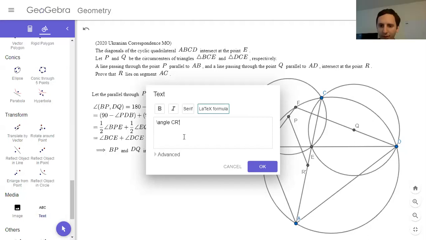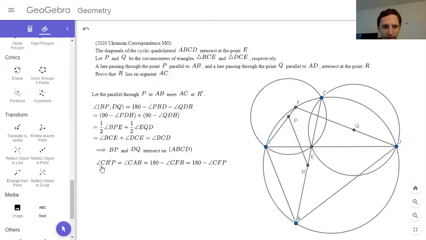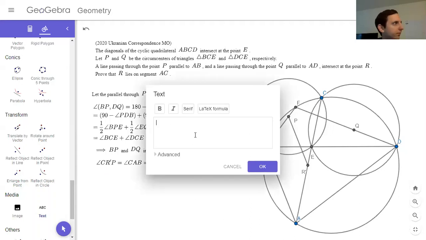All right, so we have angle CR prime P is equal to angle CAB, which is 180 minus angle CFB, which is 180 minus angle CFP. And so that means that CFPR prime is cyclic. All right.